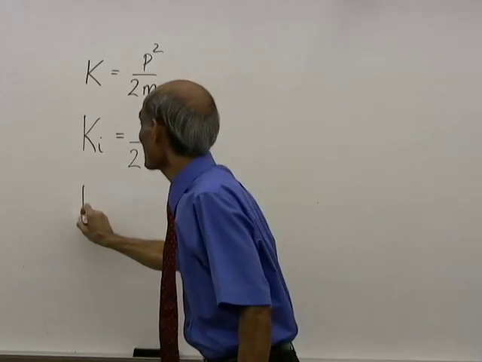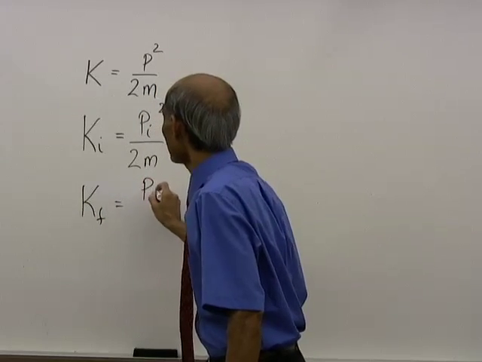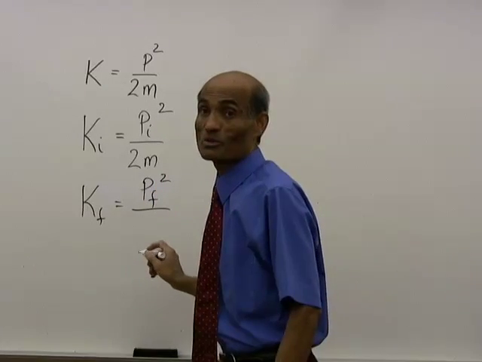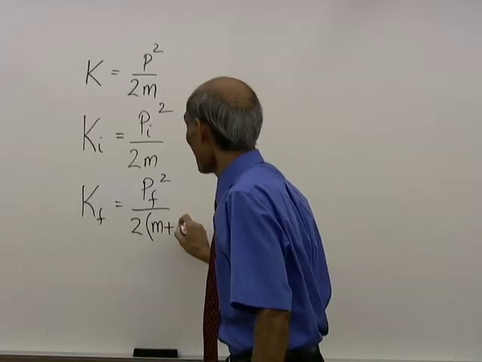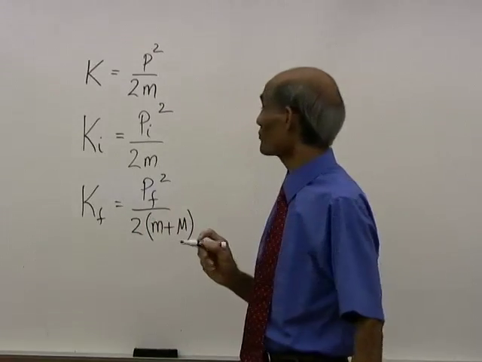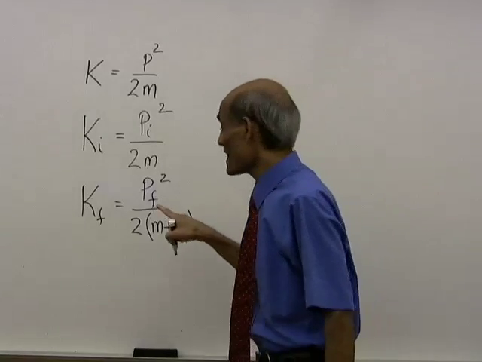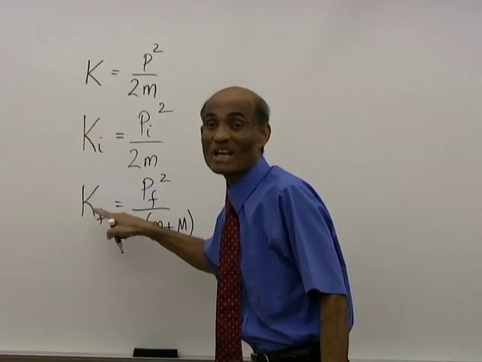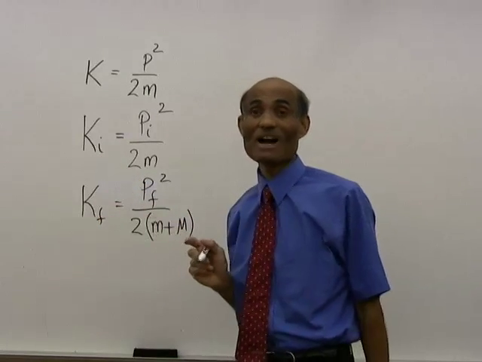And the final kinetic energy, Kf, can be written as Pf squared over 2 times the total mass, which is the mass of the ball plus the mass of the pendulum. Alright?